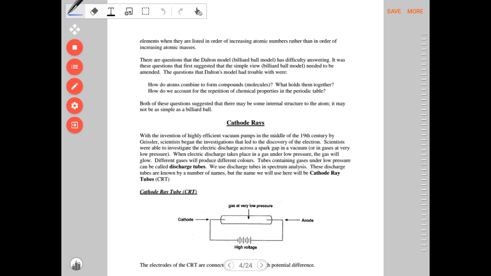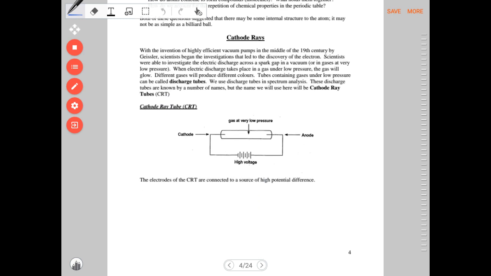Now, we of course know today that there are electrons floating around, but they didn't know that back then. So both of these questions suggested that there was some internal structure to the atom. It may not be as simple as the billiard ball. He had no idea, because you guys, even with the stuff you've taken already, know that there's more going on inside an atom than just a ball.